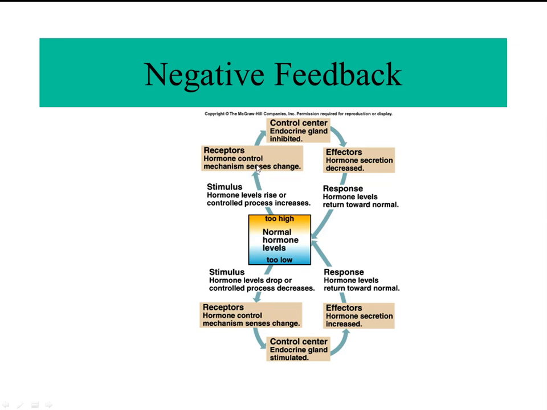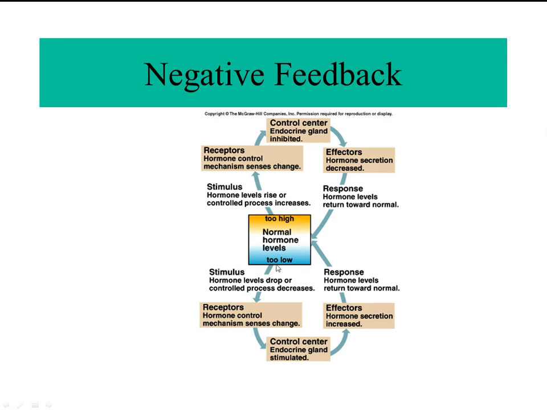All this information is taken to the control center, and if the hormone level is too high, the action that needed to be stimulated has happened. That endocrine gland will be inhibited, that hormone will not be made anymore, so the effectors find that the hormone secretion has decreased. In response, the hormone levels return toward normal.